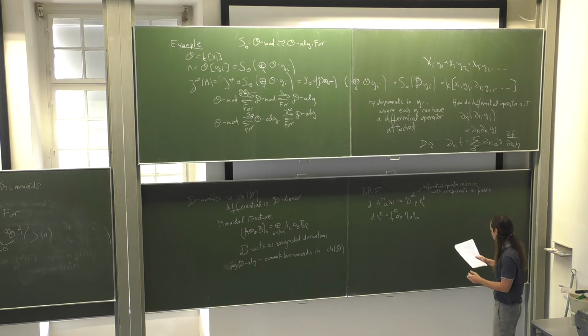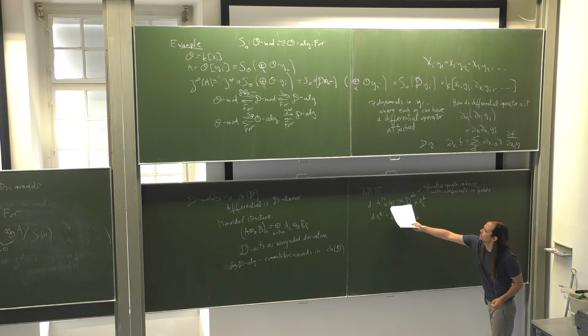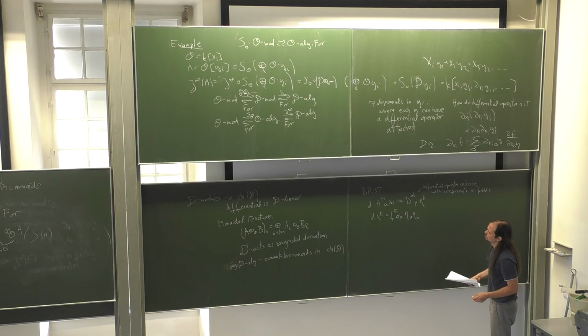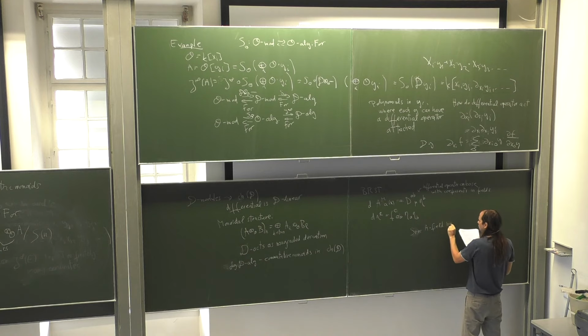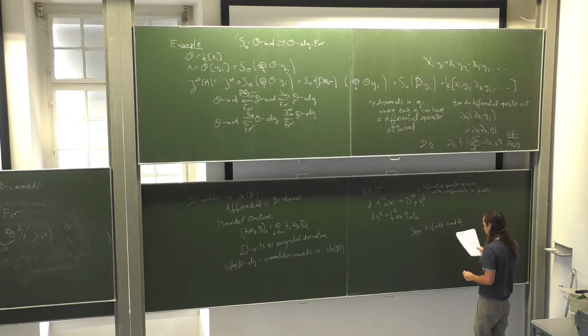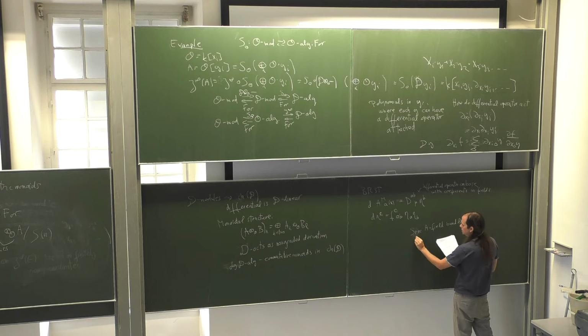Okay, so let's see how to encode it. If you think very naively, as this being kind of polynomial, you take Spec A as a field bundle, so that A you can think of as polynomials on A_mu^a.